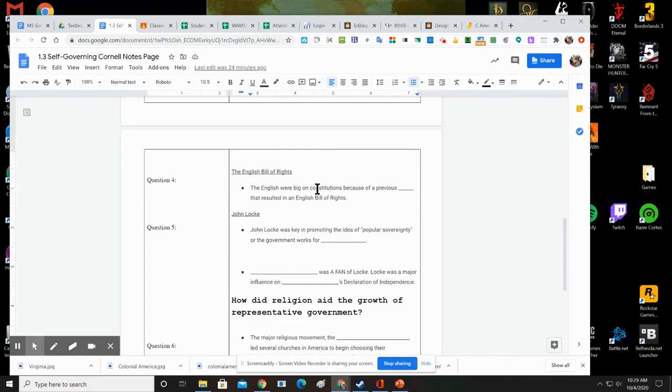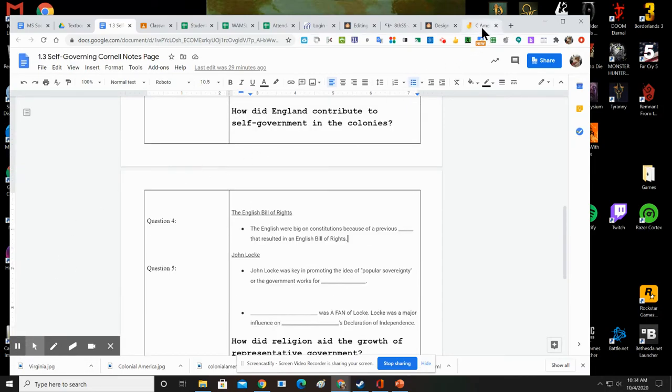A Bill of Rights just means it's a list of things that the king or the government cannot arrest you or hurt you for doing, because certain things that regular English peasants, or in our case U.S. citizens, can get away with no problem, where it's our right to do so. So we know there was an English Civil War and that it established an English Bill of Rights. We know that would have led to stuff.